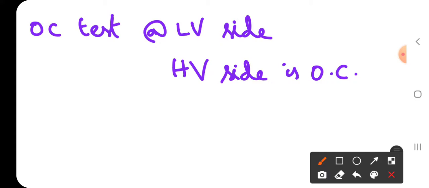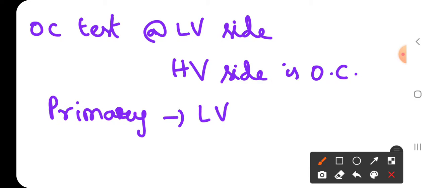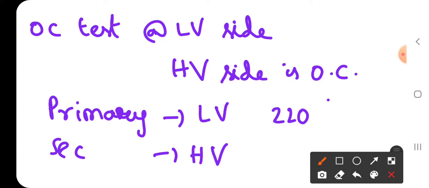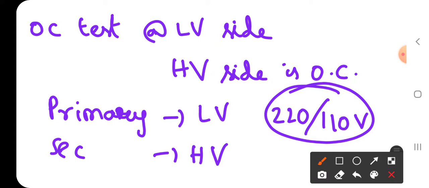That means here the primary is the LV side and the secondary is the HV side. Suppose I have a transformer whose rating is 220 volts by 110 volts. If I want to conduct the open circuit test, I need to give the voltage at 110 volts, and the 220 volts side must be open circuit.